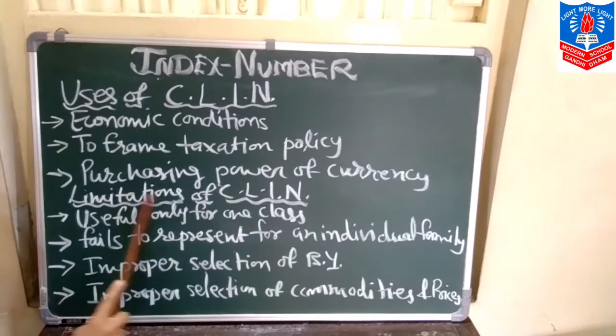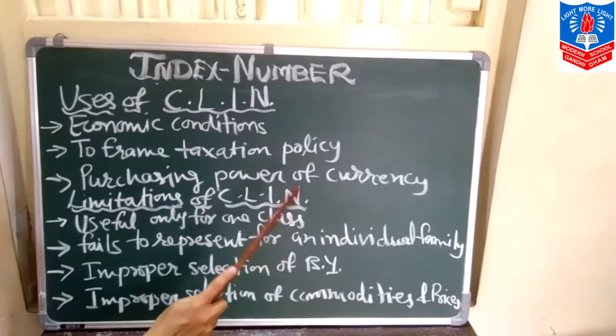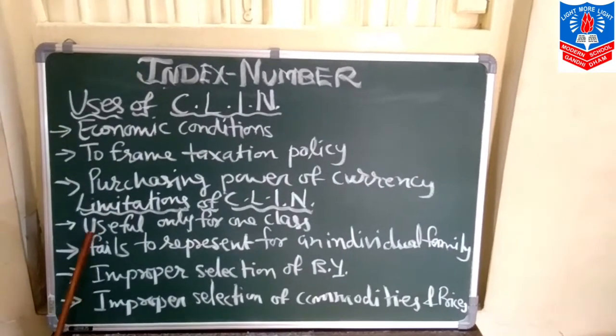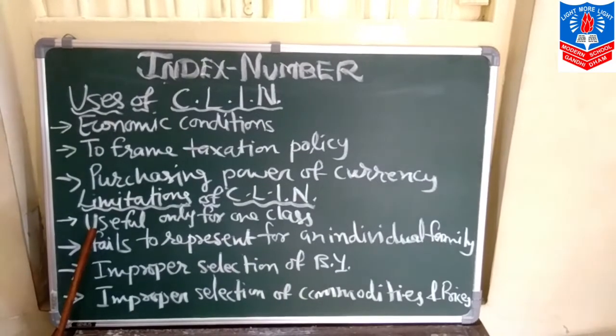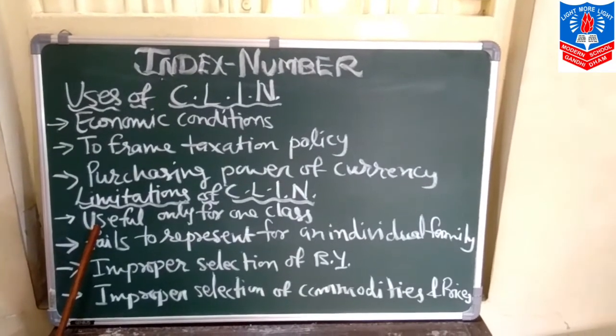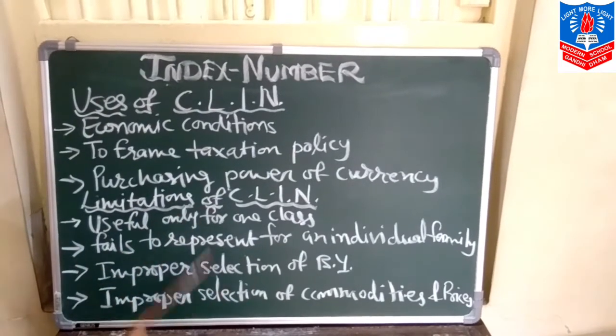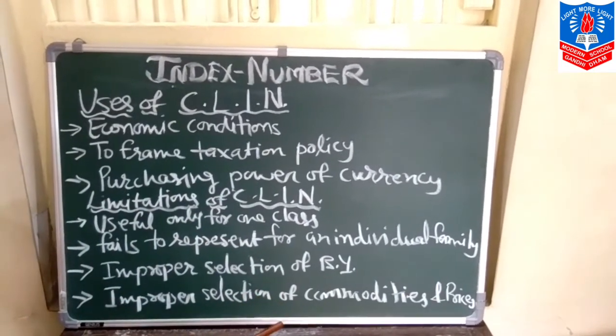Now come to the limitations of the cost of living index number. There are four limitations. Number one, the index number constructed for one class of people cannot be used for another class of people.